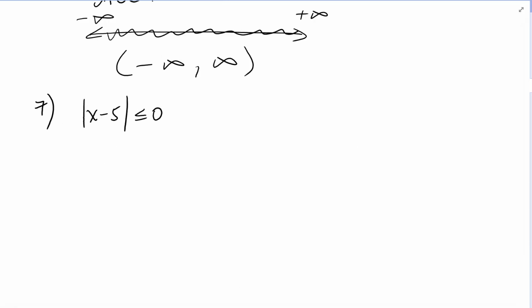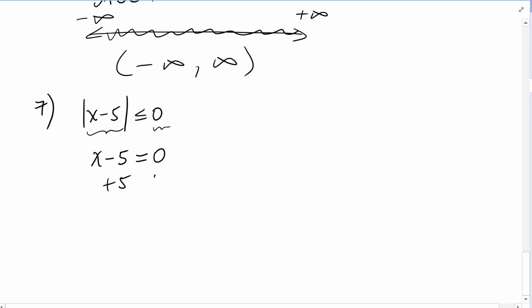And one more problem, absolute value of x minus 5 less than or equal to 0. Here it's a little bit different because my k is actually 0. So a positive number less than or equal to 0: the only time that happens is when it is equal to 0.